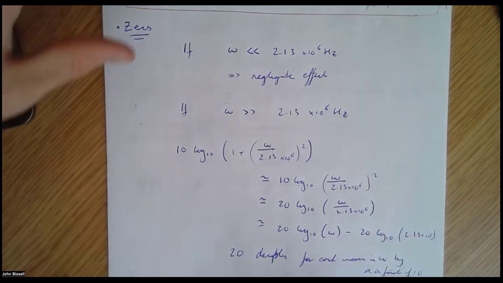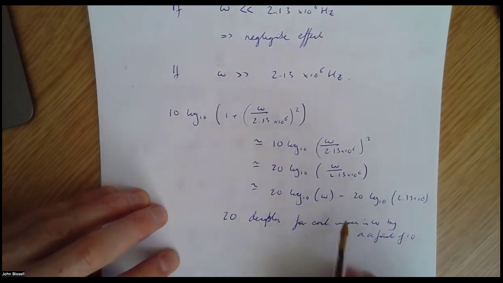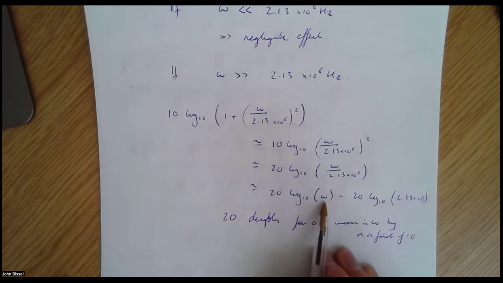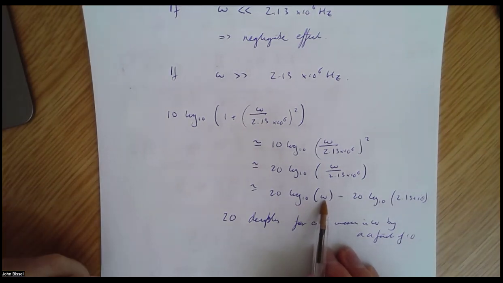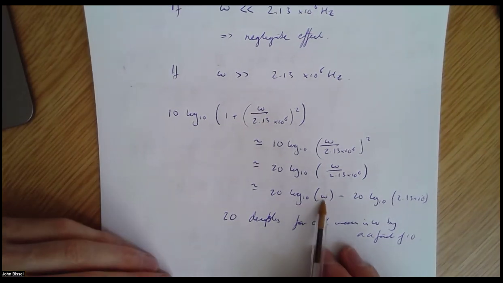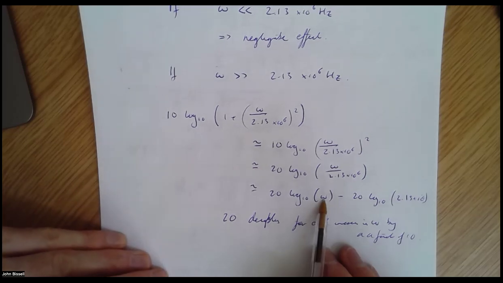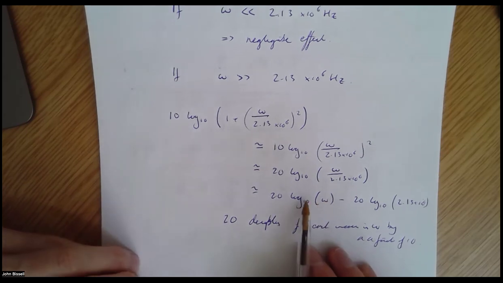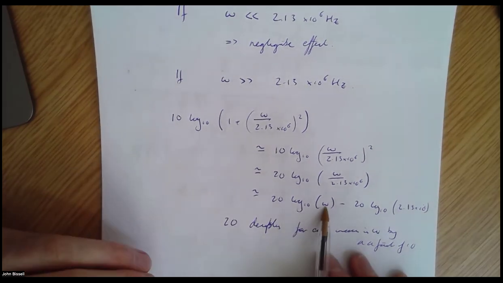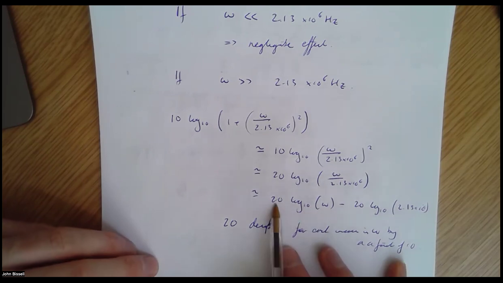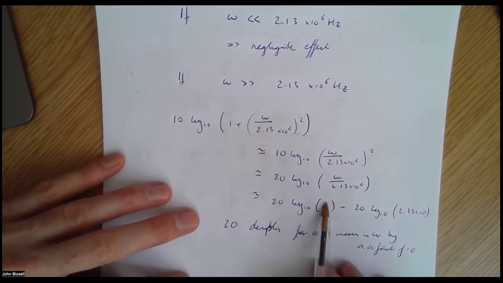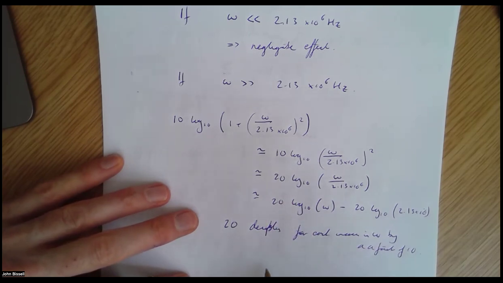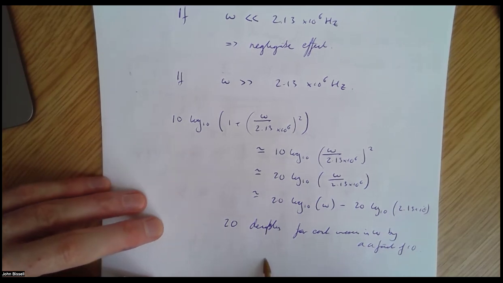If omega is 10, then log 10 of 10 is 1. If omega is 100, then log 10 of 100 is 2, so it'd be 20 times 2. So each time we increase omega by an order of magnitude, the gain increases by 20 decibels.